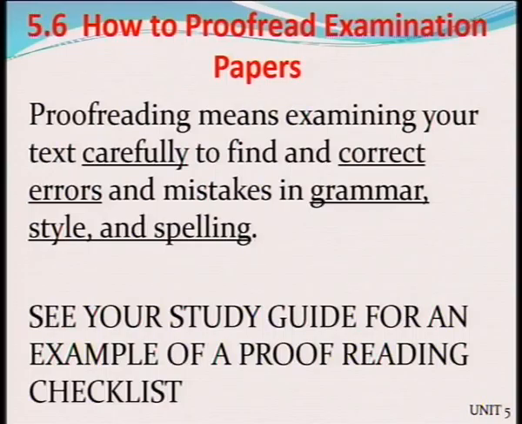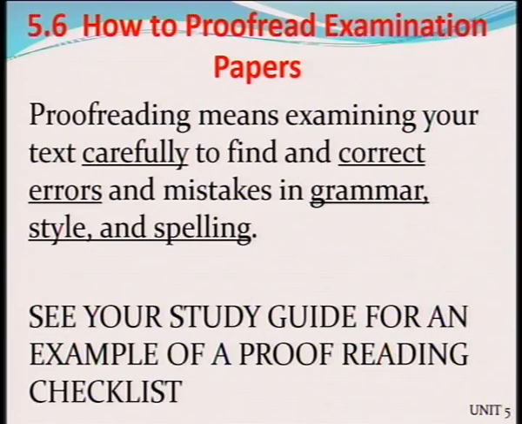All right, moving on to 5.6. Here we look at how to proofread examination papers. So what does proofreading mean? It means to examine your text carefully and correct errors and mistakes in grammar, style, and spelling.